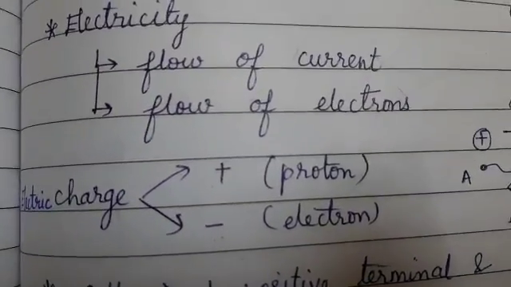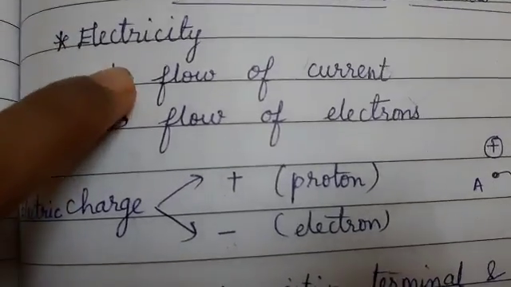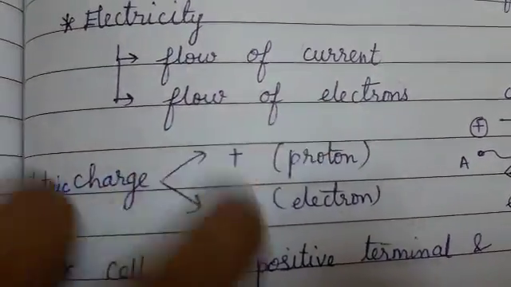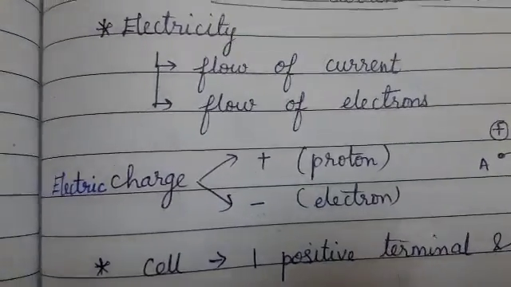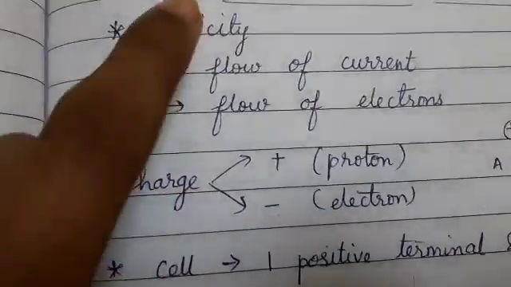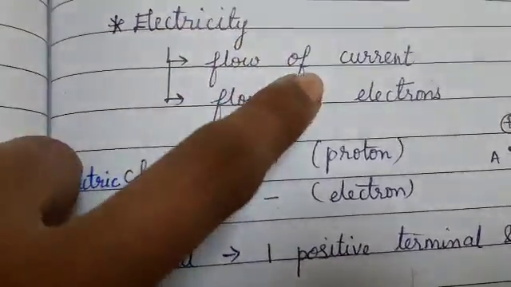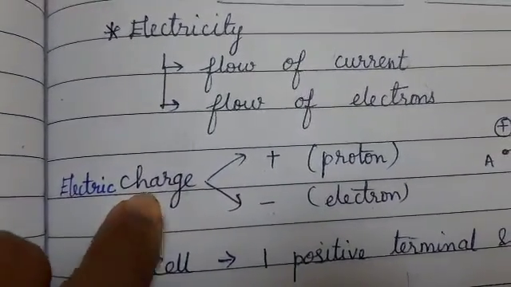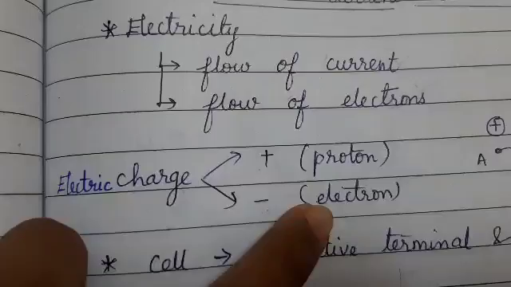But now in physics, while the current is flowing in electricity, what is the use of electrons? That is, the electric current also has charged particles, that is protons and electrons.